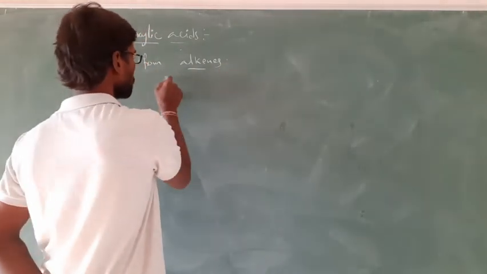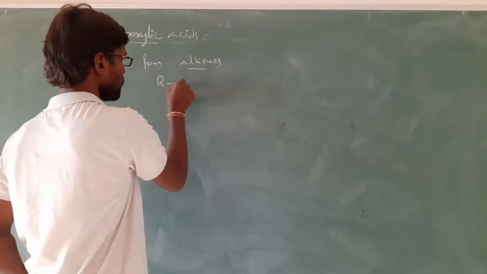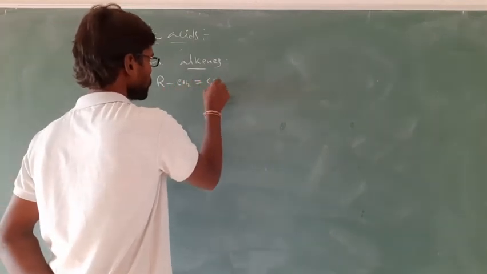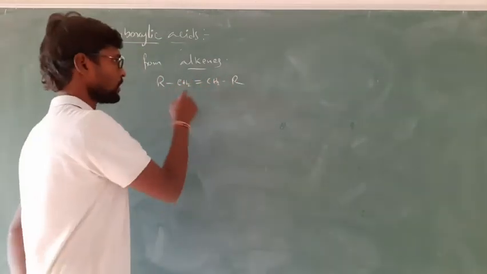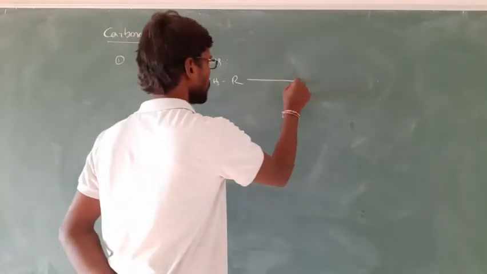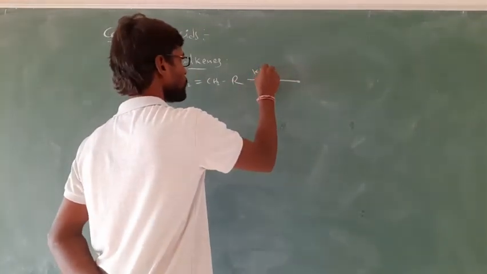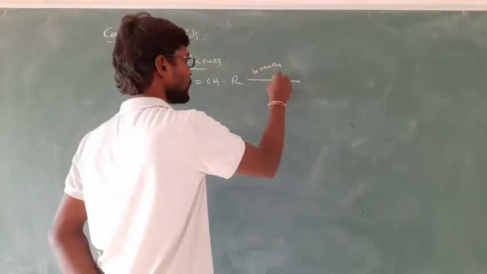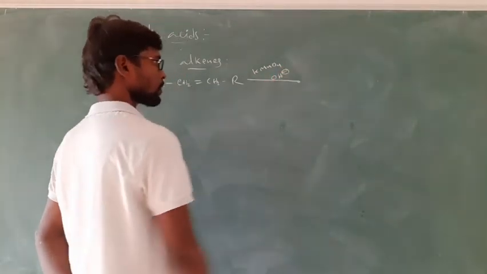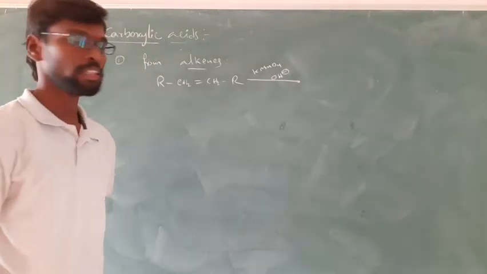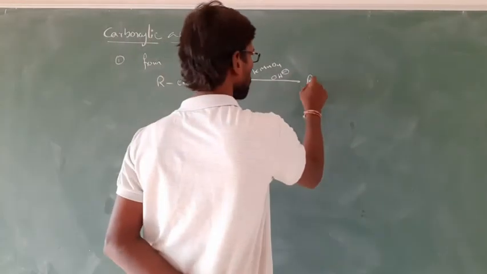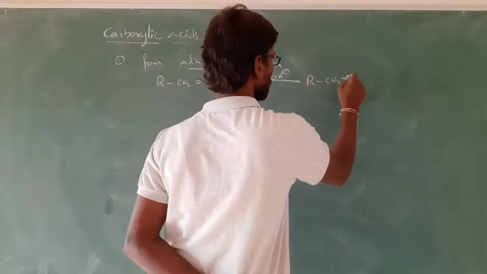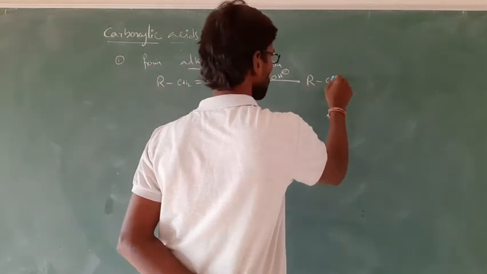So in the presence of alkaline KMnO4, take RCH=CHR and treat it with KMnO4 in the presence of base, OH minus. We call this alkaline KMnO4. The final product is simply RCOOH.